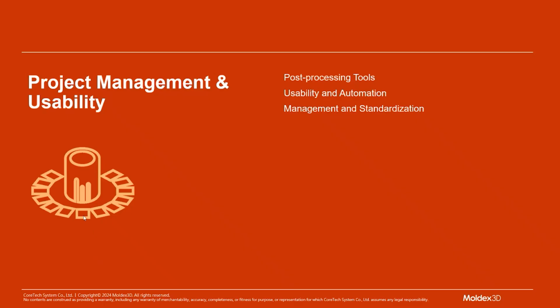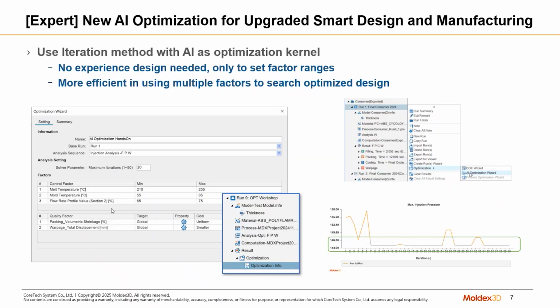All right, starting off with project management and usability. I'm going to start off with a couple of the heavy hitters here. First of all, we have a new integration or a new capability through our DOE function. Instead of just being able to run the typical DOE, which you still have the capability to do, we have a new option here called the AI Optimization Wizard.